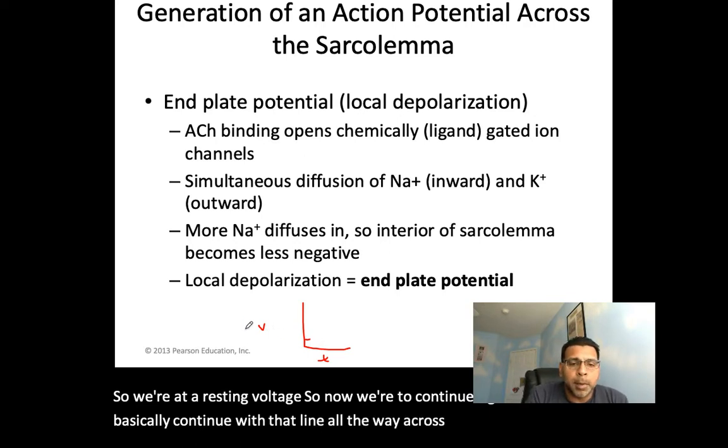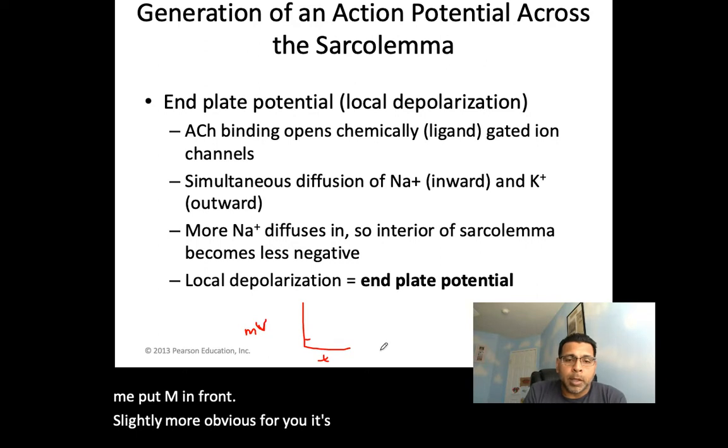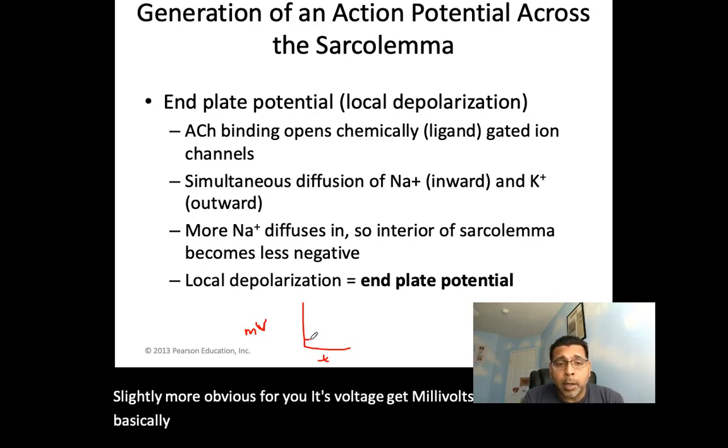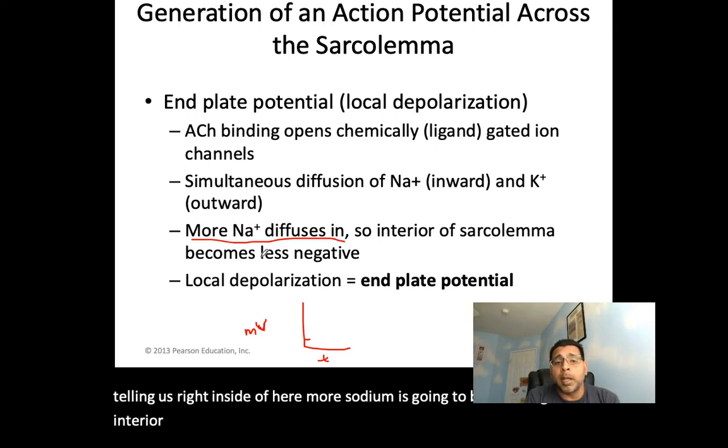Let me put an mV in front so it's more obvious: millivolts. So we're at resting voltage. If more sodium is diffusing in, the interior of the sarcolemma is going to become less negative, so let's look at that.